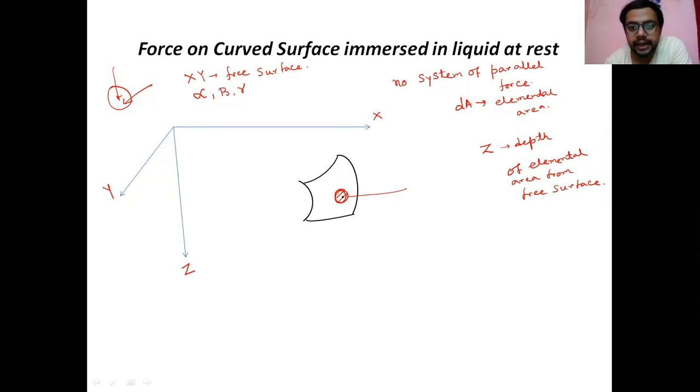Now some force is acting due to the fluid pressure. Some force dF is acting over the small elemental area. So dF definitely has three components. One component is along the x-axis, dFx. One component along the y-axis, dFy, and another component along the z-axis.